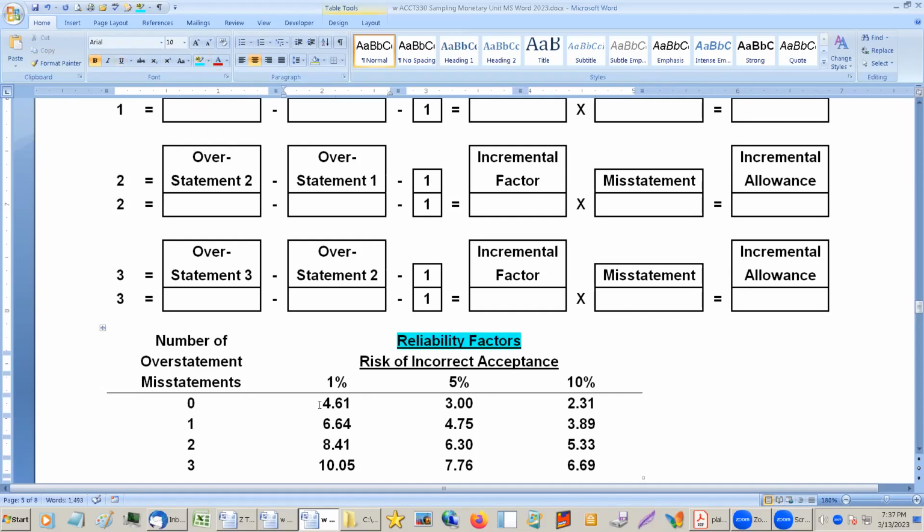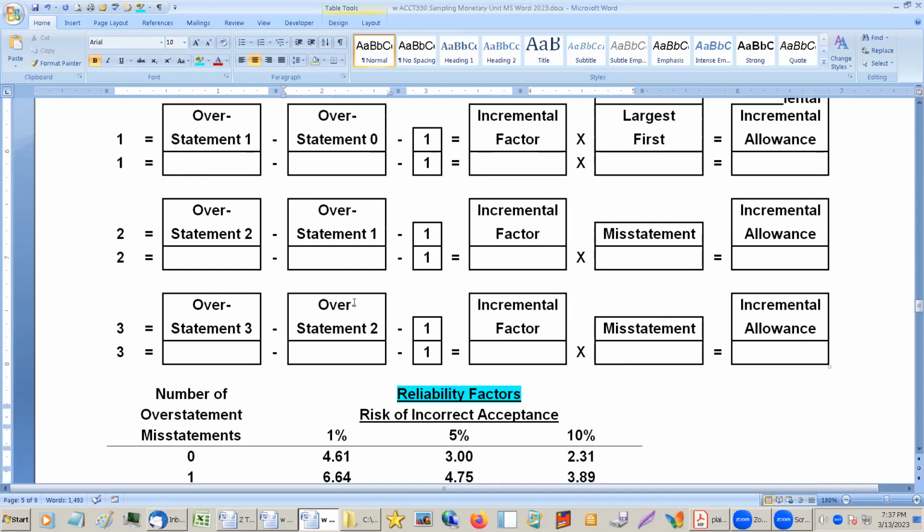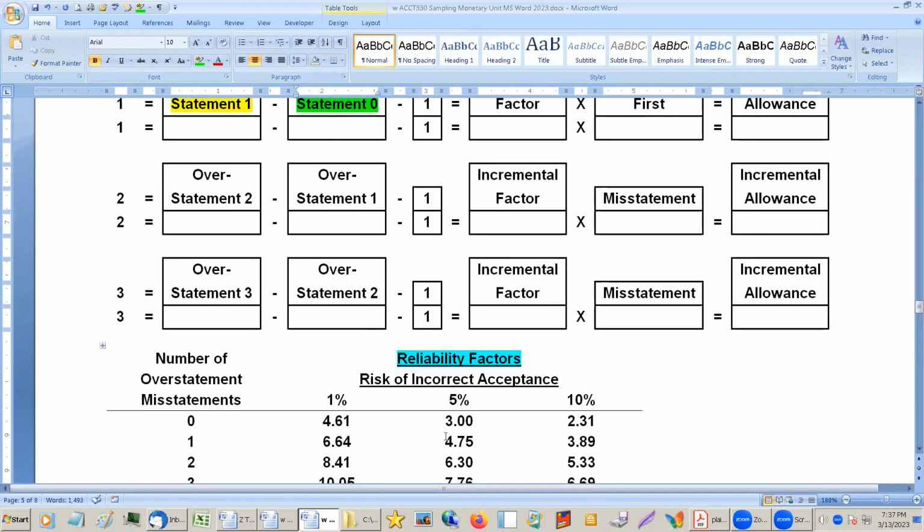So the first thing we're going to do is take overstatement 1 minus overstatement 0. Okay, so here is overstatement 0, and here's overstatement 1. $4.75 minus 3.00 minus 1.